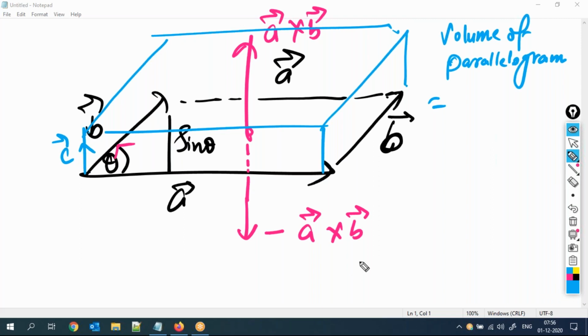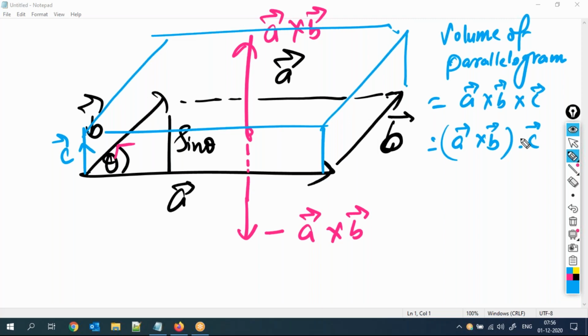What will be the volume of the parallelogram? A cross B cross C, or A cross B dot C? Who is going to tell me? This is a test of your intelligence. Or the first one?